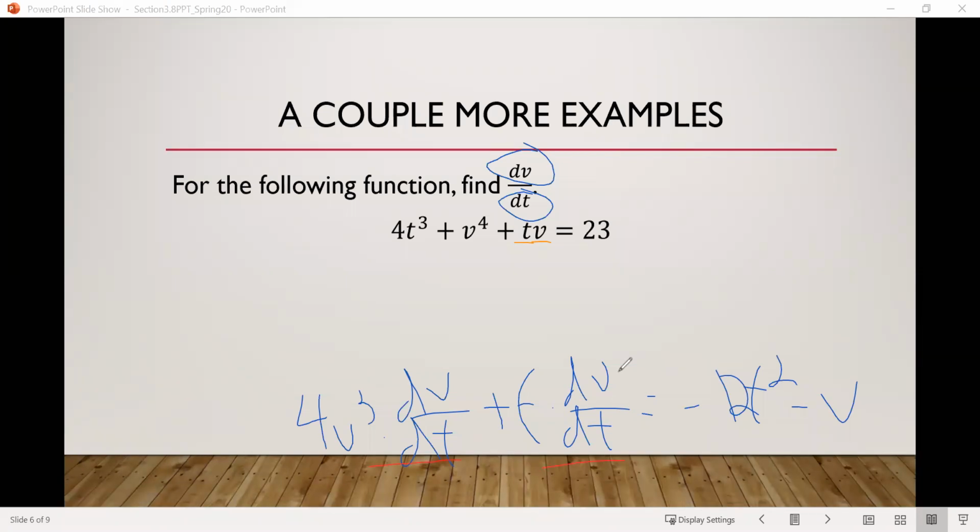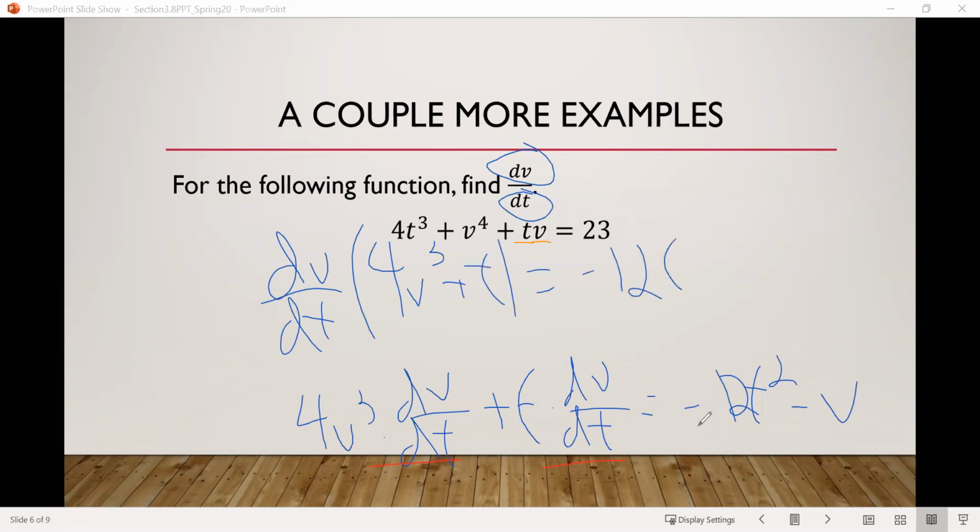So if I move back up now, I can write this as dv dt times, 4v cubed plus t, equals negative 12t squared minus v.